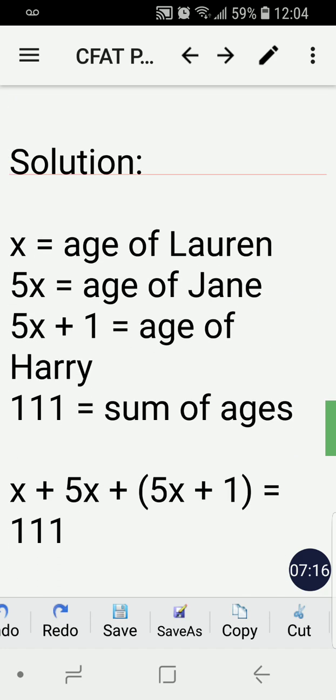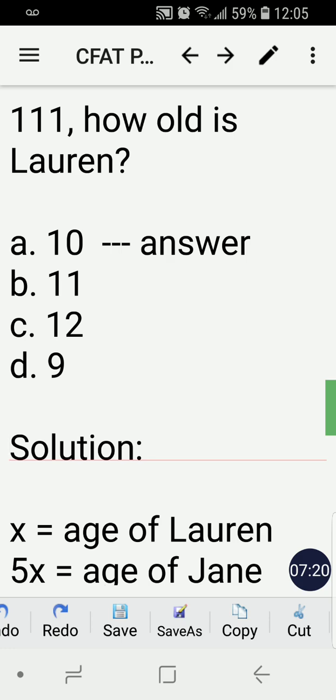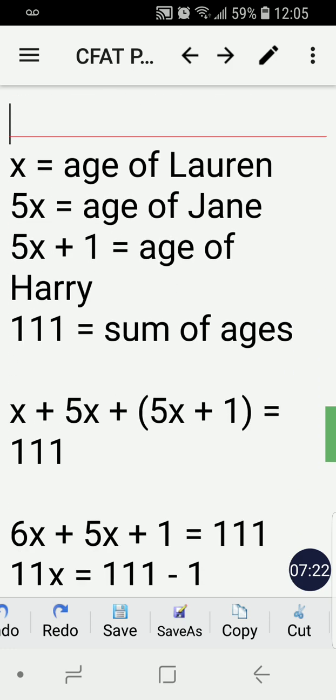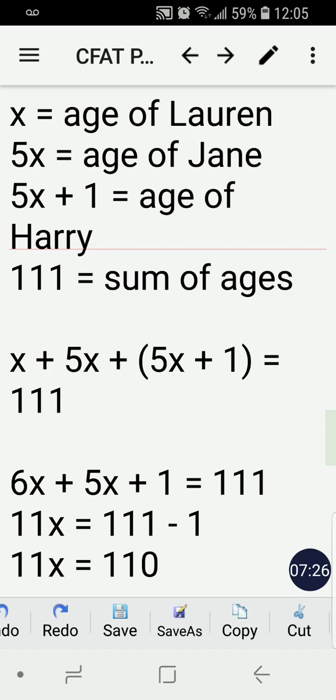Okay, so then we were given the sum of their ages, which is 111. So then we come up with this equation here. x plus 5x plus the quantity 5x plus 1 is equal to 111. So all that we're doing here is adding up the individual ages of the three people.